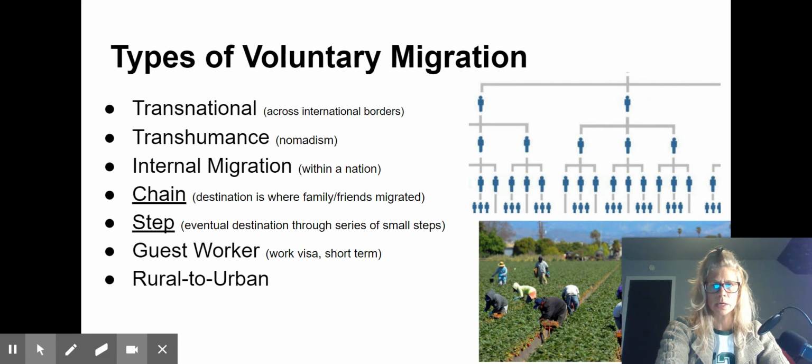Then guest worker is where you have a lot of migrants coming to work during a season. A lot of them are around agriculture. So if you have a season of a crop for a short time, lots of migrants come in, get a work visa, and stay to pick that crop for the season and then return to their home country. The last is rural to urban, and that's just a repetitive pattern that you're going to see with migration, people leaving rural areas and going to the cities.